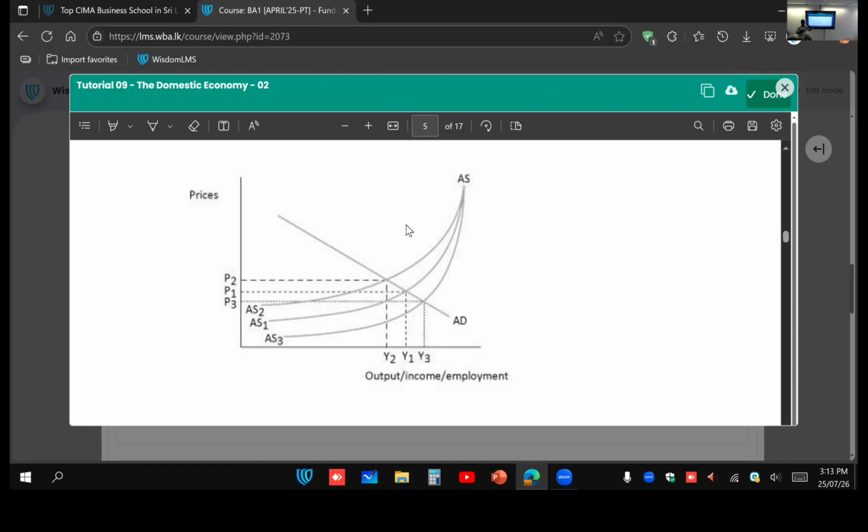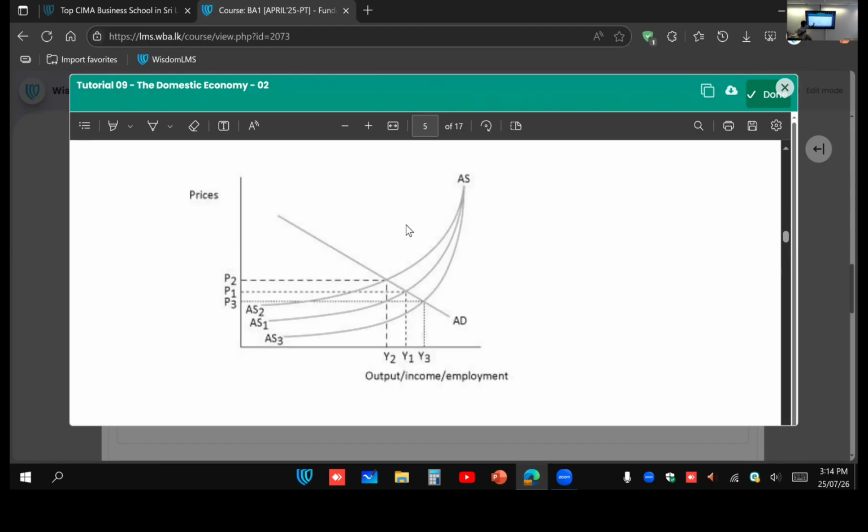As a result, what will happen to the price? Price would increase. Inflation. Price has increased. We call it stagflation, another name. Stagflation is when, given the same demand, the output is reducing and price is rising. That instance is called stagflation. Clear?